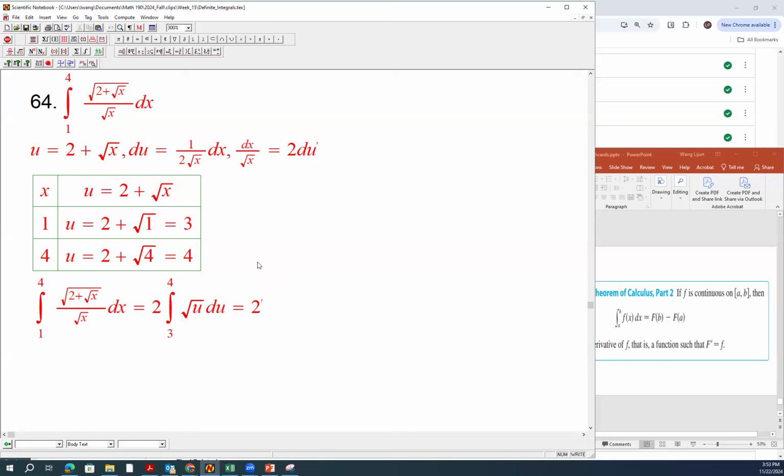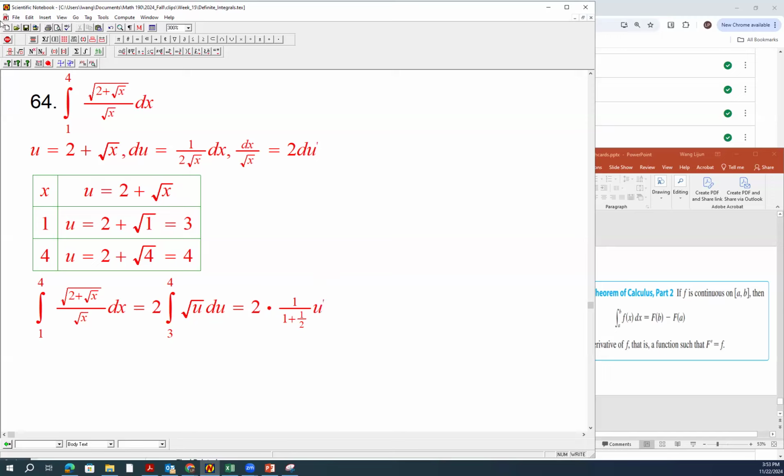So 2 times the antiderivative of root u, which is 1 over 1 plus half, I think we've done this many times, u raised to the power of 3/2.